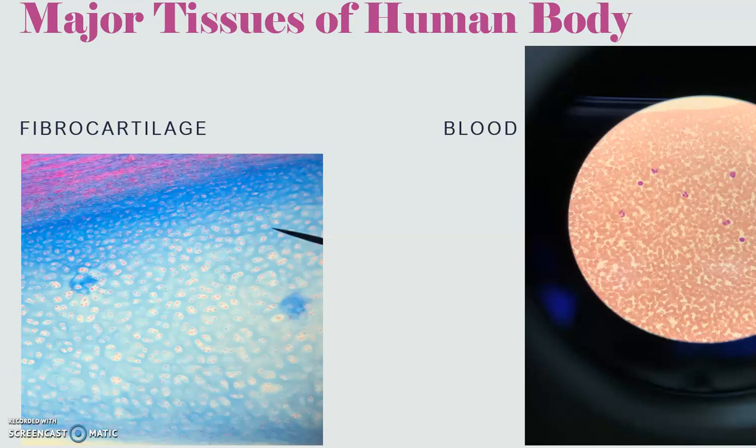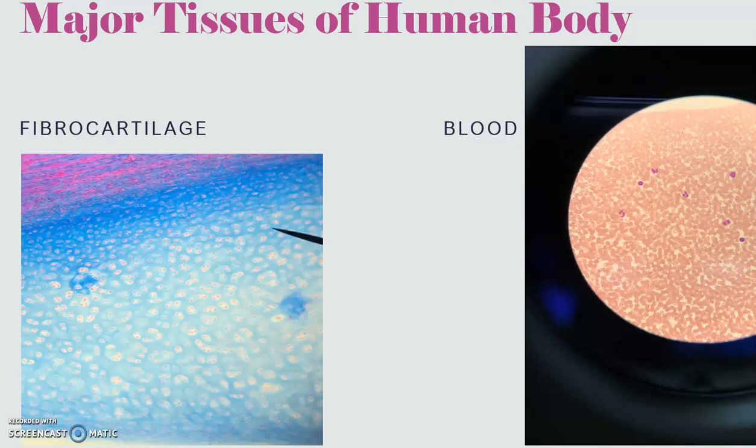Fibrocartilage is going to be found in the pubic symphysis, connecting the two anterior structures of our hip bones together, and it is also going to be found between the vertebrae, allowing cushioning and padding between the bones of the vertebrae, because they align on top of one another.